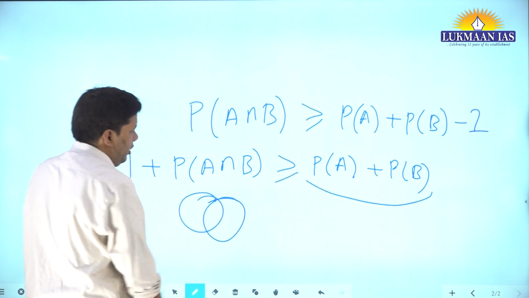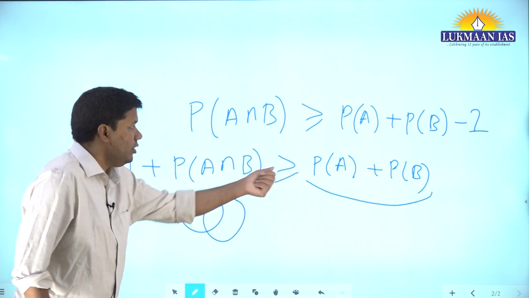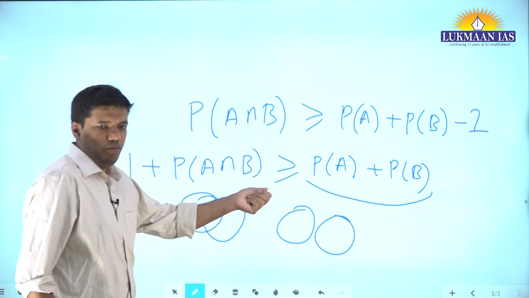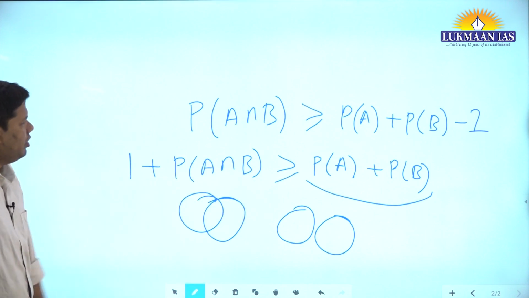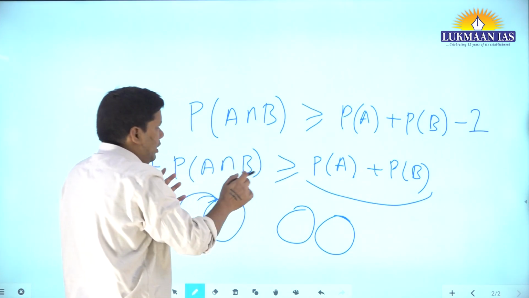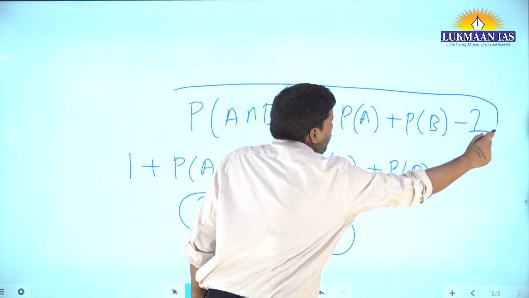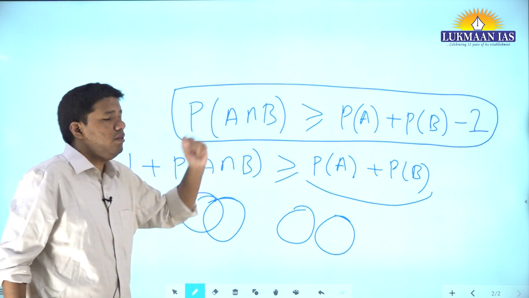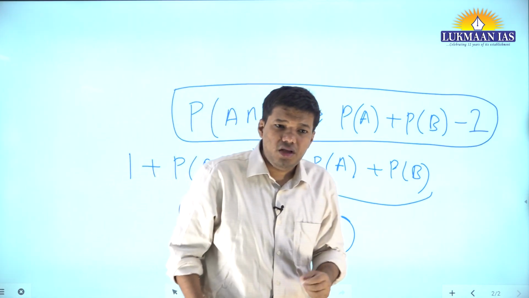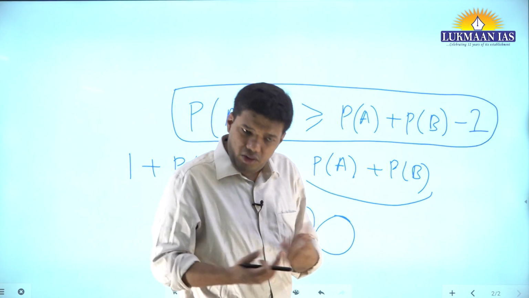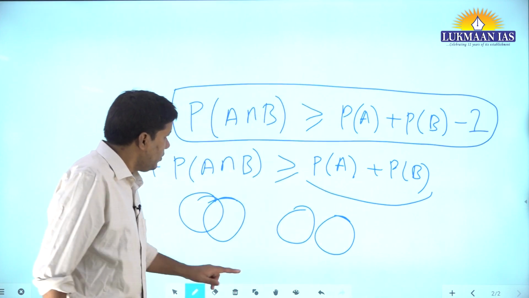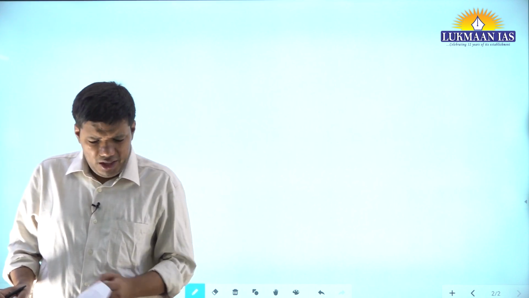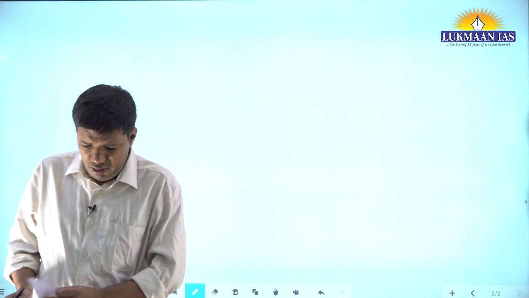If they have an intersection, then this greater-than thing will apply. But if they are wide apart, then equality will come into place, right? It's very simple. But you can derive this inequality, and if you keep this thought in your mind that intersection is always greater than the individual probabilities minus 1, that makes sense. Okay, fine. There are also things like Boole's inequality that we will not discuss.